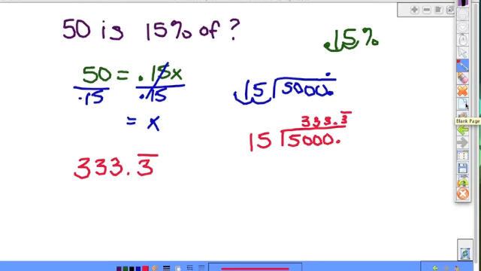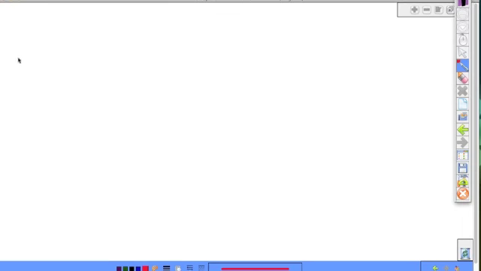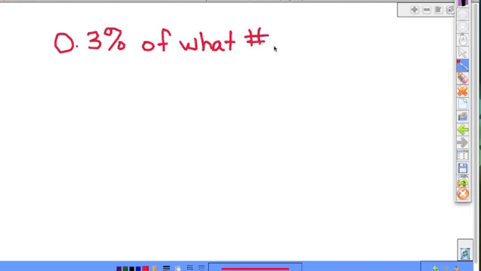Let's try one more. This is from our homework. We have 0.3% of what number is 24. I'm writing this a little differently than your homework has it, but this is a different way of writing it. We just have to put our correct things in the right spot.